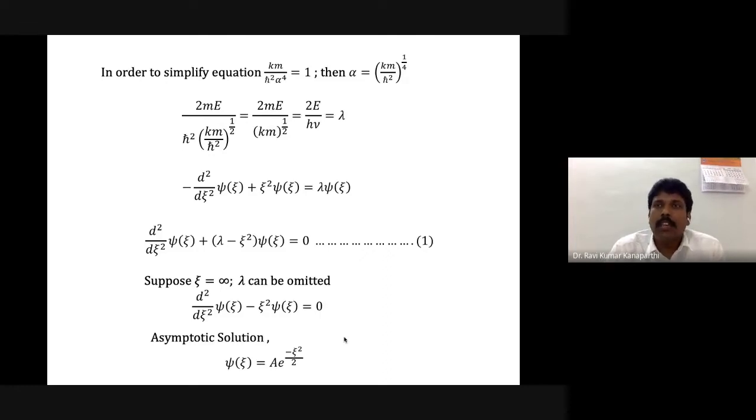So we have given that psi of z must tend to 0 as z tends to infinity.